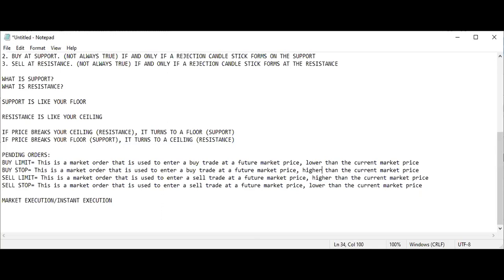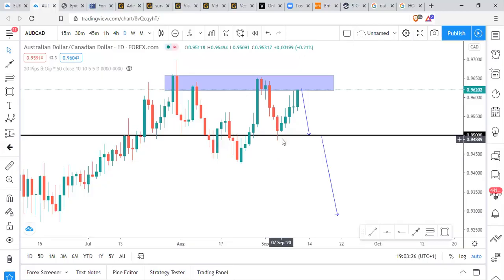Let me show you guys. Let me just illustrate. So, this market now, if I want to buy AUD card at 0.950.